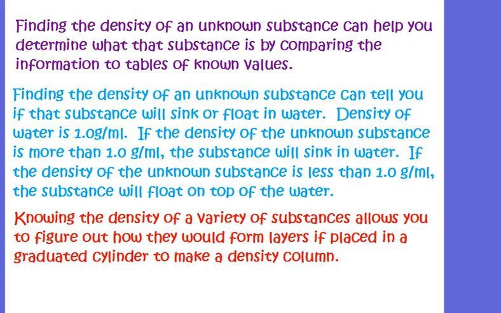If the density of the unknown substance is less than 1 gram per milliliter, the substance will float on top of the water, or float in the water. It won't be directly on top of the water. It depends on the density. Part of it might be under the water and part above the water. So knowing the density of a variety of substances allows you to figure out how they would form layers if placed in a graduated cylinder to make a density column, like I showed on a previous slide with all those different liquids and solids.